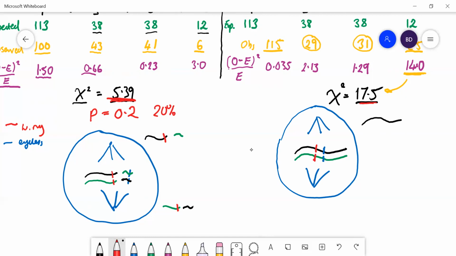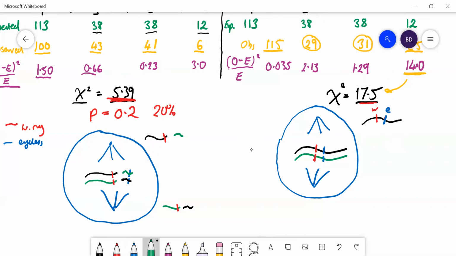So let's say, for example, this one was the mutated version of each one. That could be the mutated wing, mutated eye. So that would be the small one.